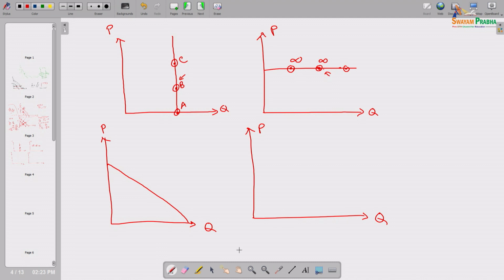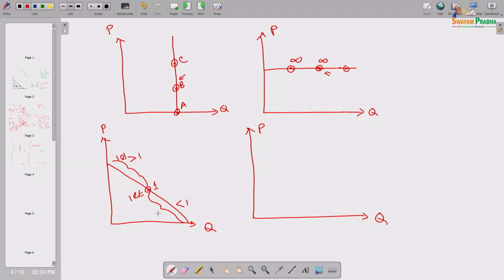Two different terminologies you will get. Here the elasticity of demand value is 0, here infinitely large. If we have this kind of straight line demand curve and its midpoint, meaning this distance and that distance are equal, the elasticity value at this point is definitely 1. On this segment the elasticity value is greater than 1, and on this segment it is less than 1. Everywhere we are discussing the absolute value of elasticity.